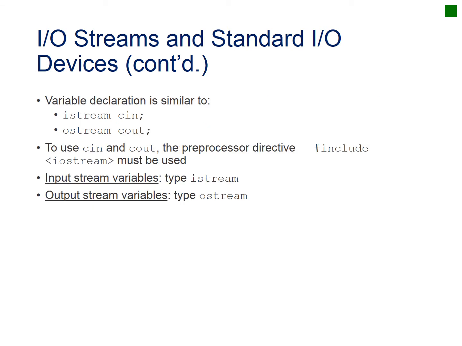Variable declarations are similar to istream cin and ostream cout. To use cin and cout, the preprocessor directive include iostream must be used.